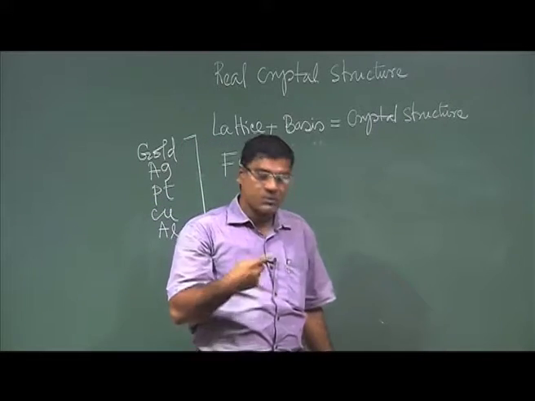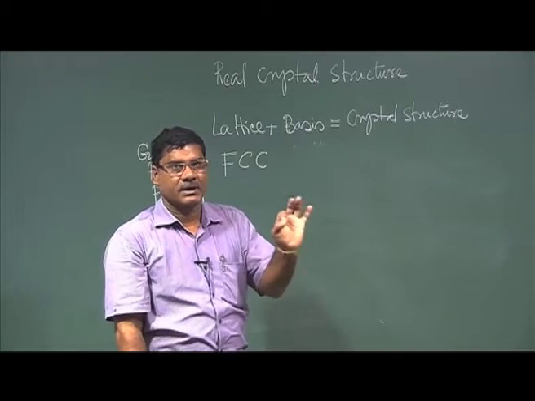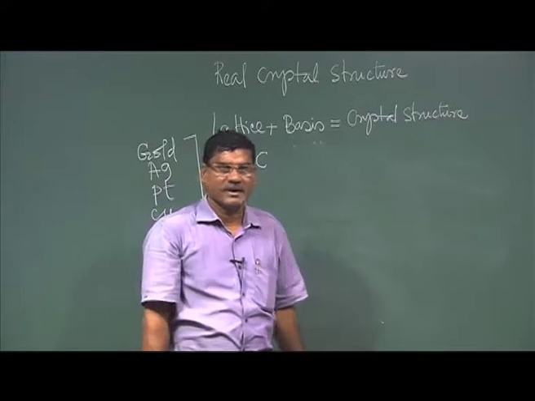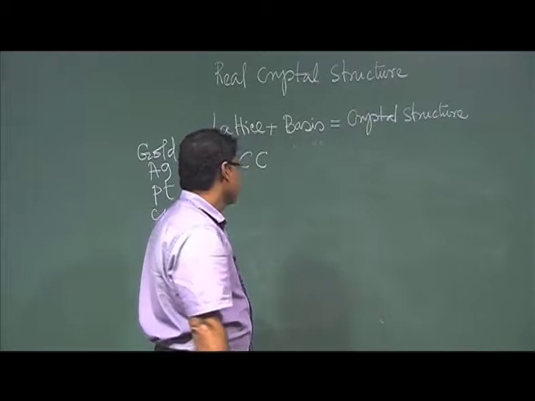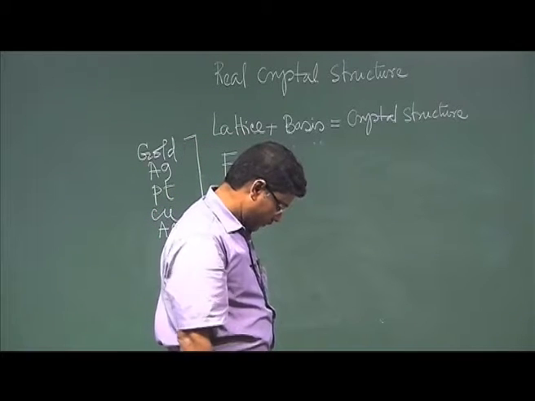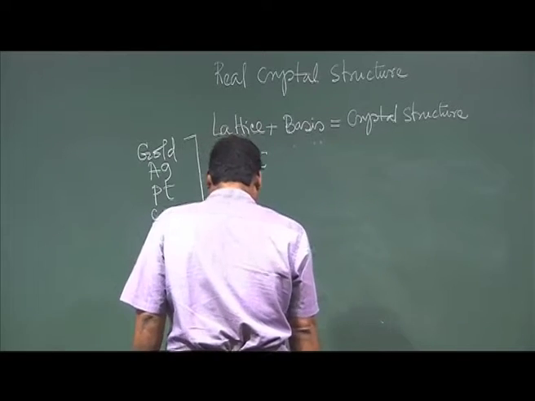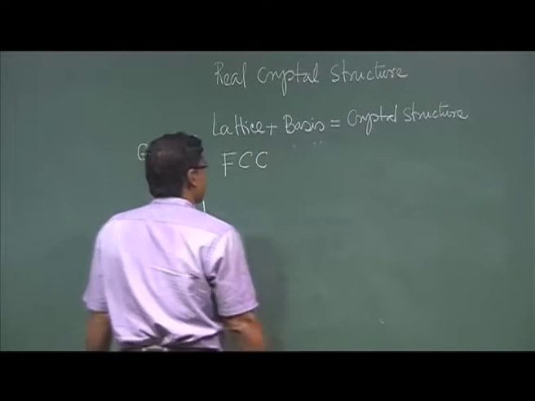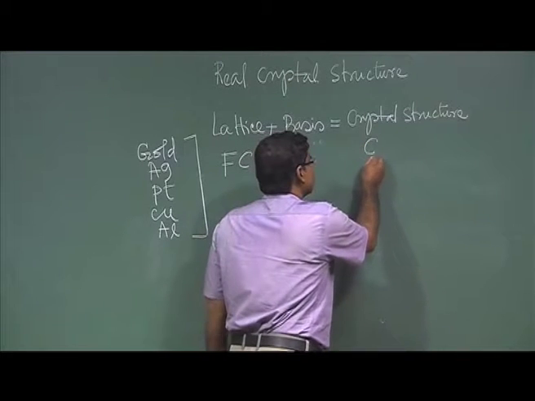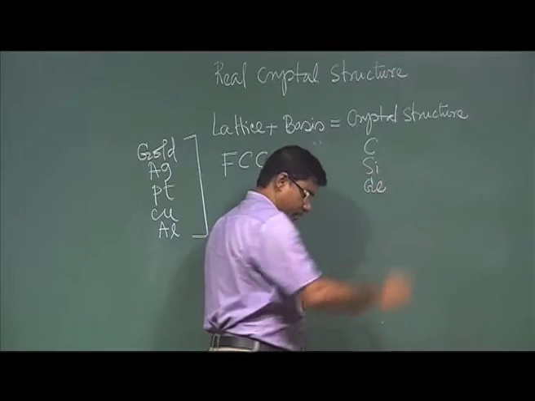Similarly, if you use copper atom at each lattice point, so it will be copper material, having the FCC structure. Okay. So, there are other materials. If I list them, say carbon, silicon, germanium, right.